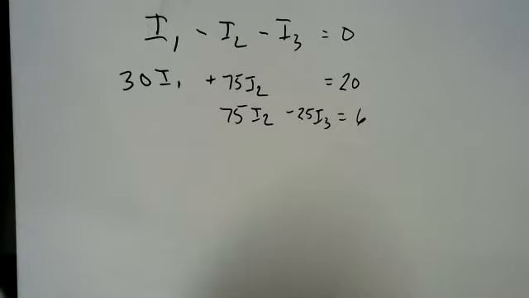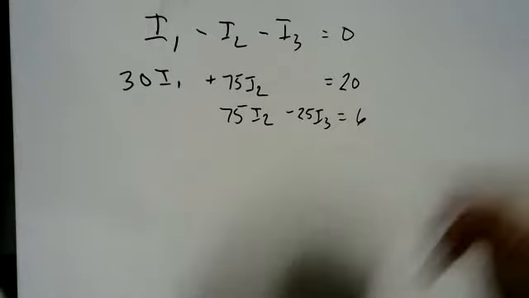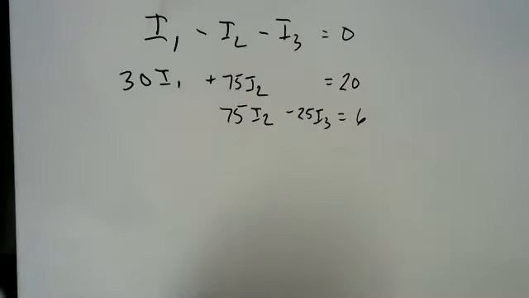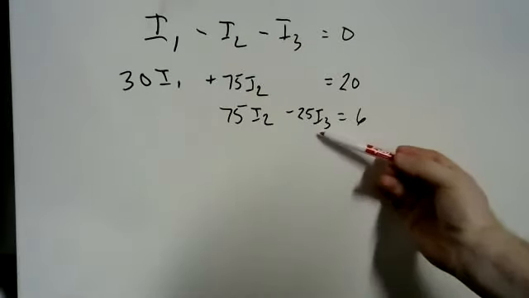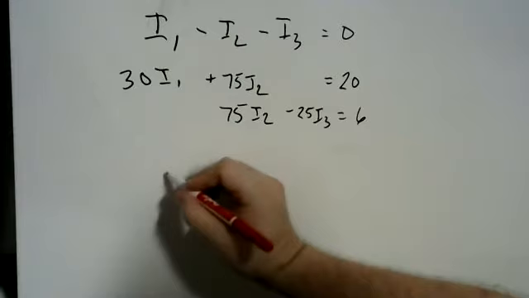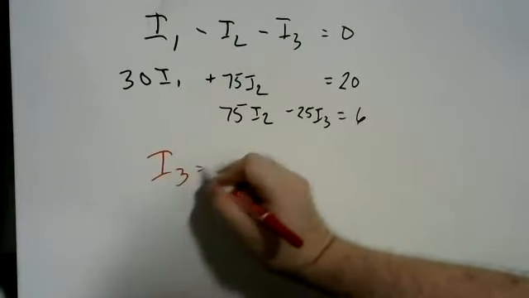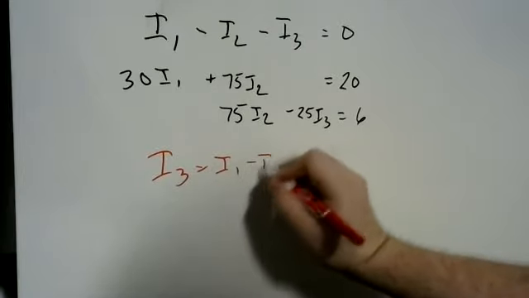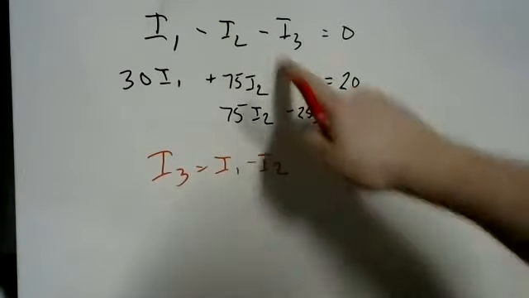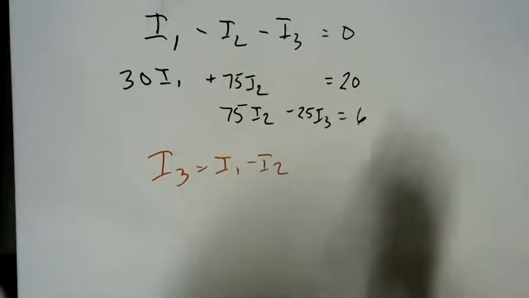The equation at the top here, we can write in terms of I3, and that will let us get rid of this I3 down here. What we'll have is I3 equals I1 minus I2, right? And that's just pulling this over to the right and then flipping it around.